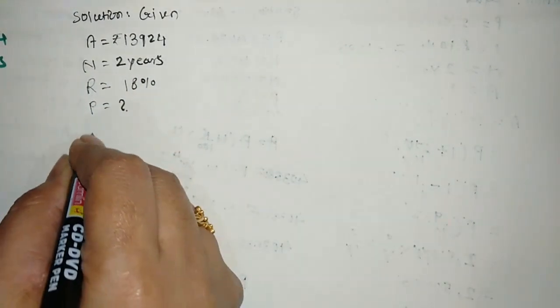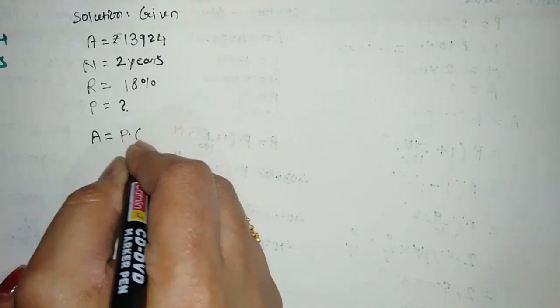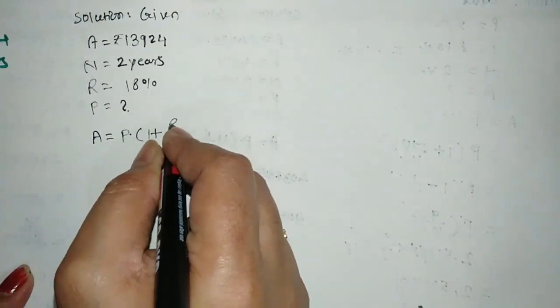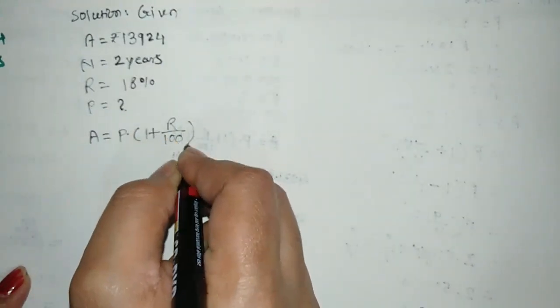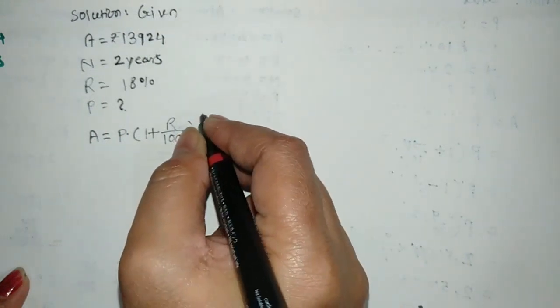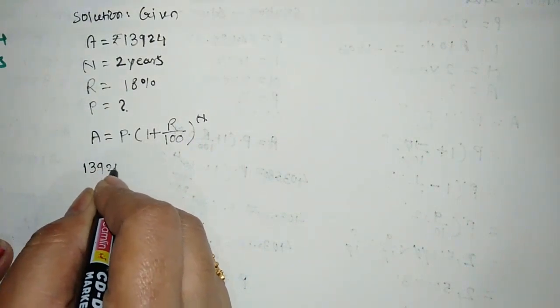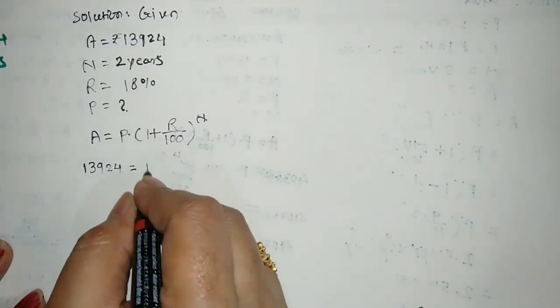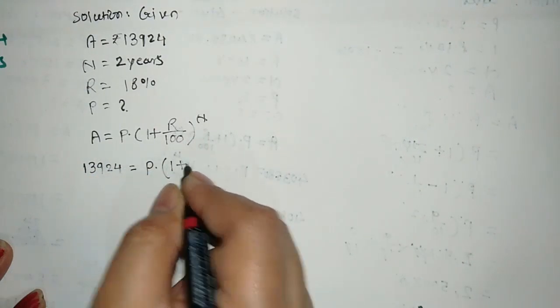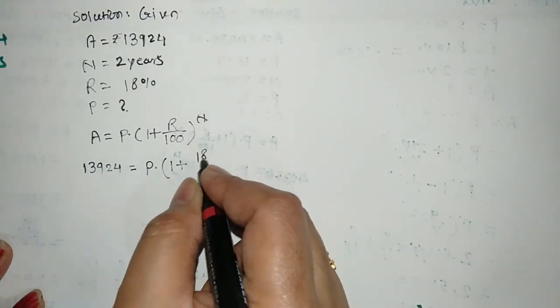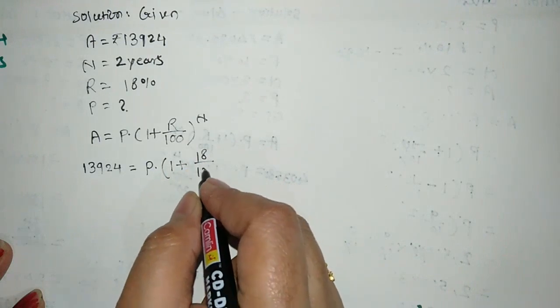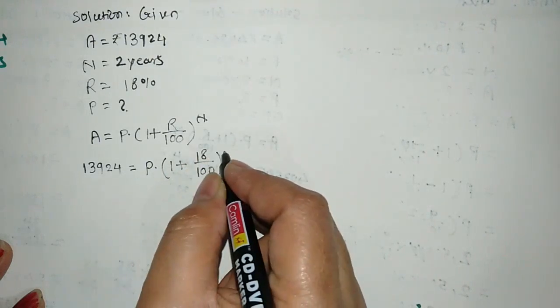Firstly, write down the formula. A is equal to P into 1 plus R upon 100 raised to N. Put up the values. 13,924 equal to P as it is, 1 plus R is 18 upon 100 raised to 2.